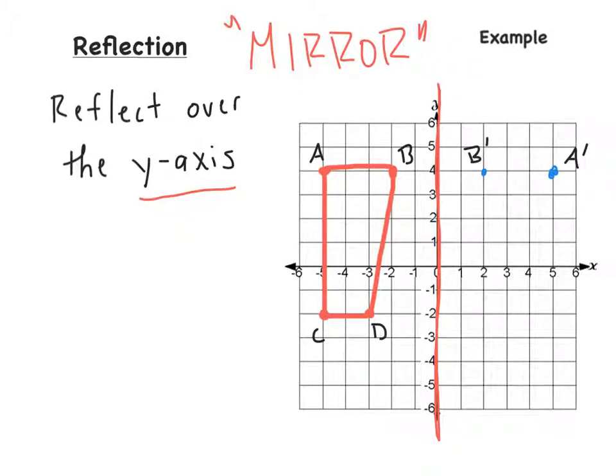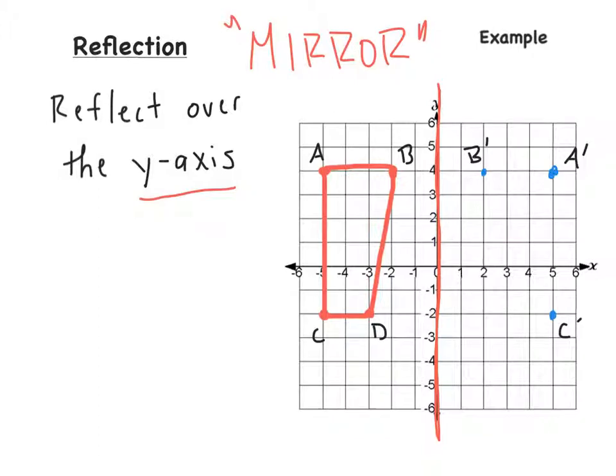So let's look at C. C falls on the -2 of the y-axis, and it is 1, 2, 3, 4, 5 points to the left. And since it's 5 points to the left, we need to go 5 points to the right. 1, 2, 3, 4, 5. Mark that point. That is known as C prime.